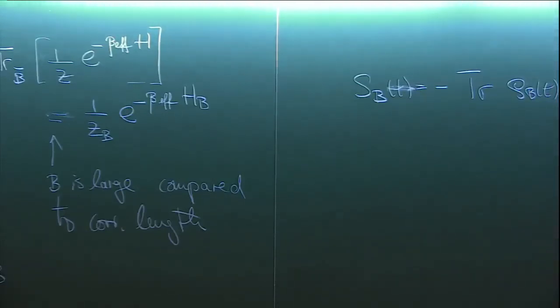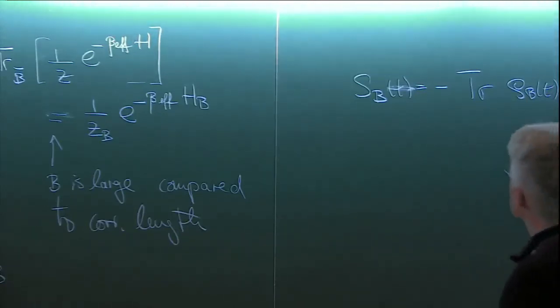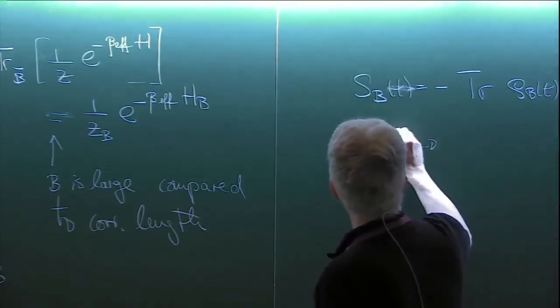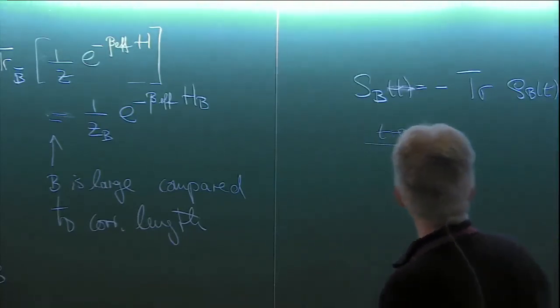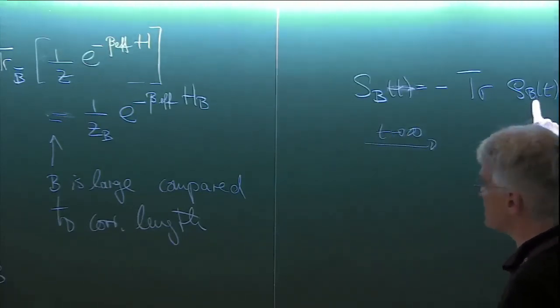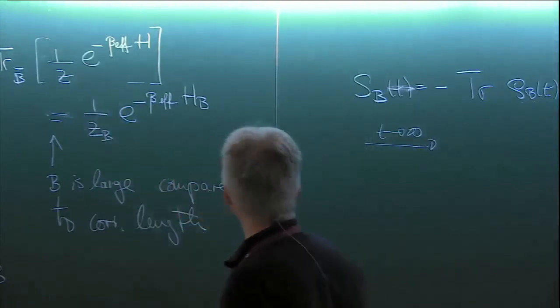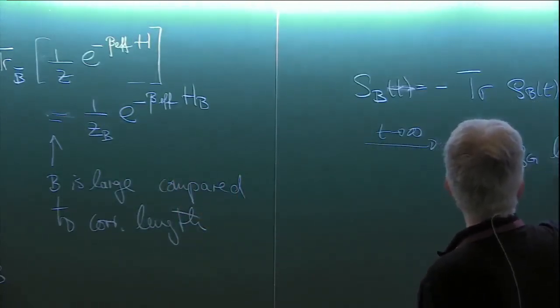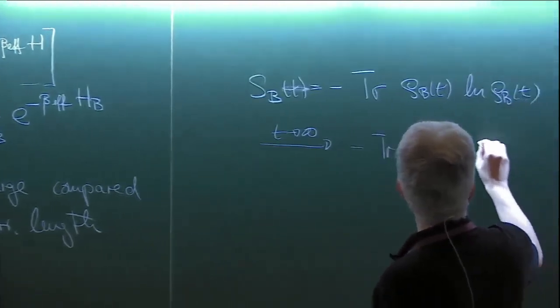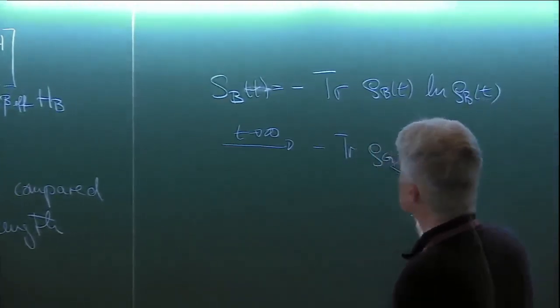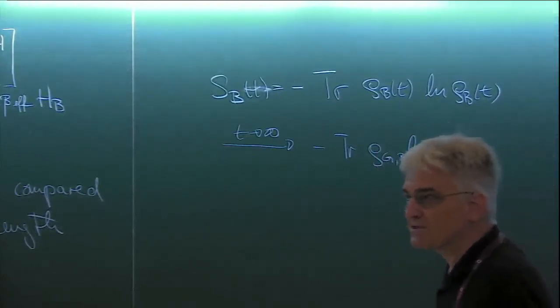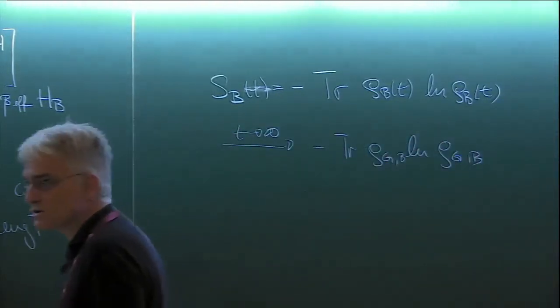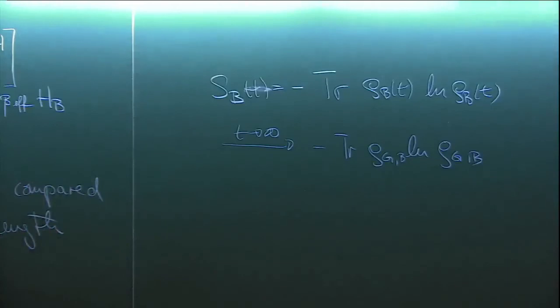That's a function only of the reduced density matrix of the subsystem. But when t goes to infinity, I just argued that this becomes a Gibbs distribution. So this becomes minus trace rho Gibbs B ln rho Gibbs B, and that is the thermodynamic entropy. So it's a good argument, and I think it's possible to put these bounds by hand.